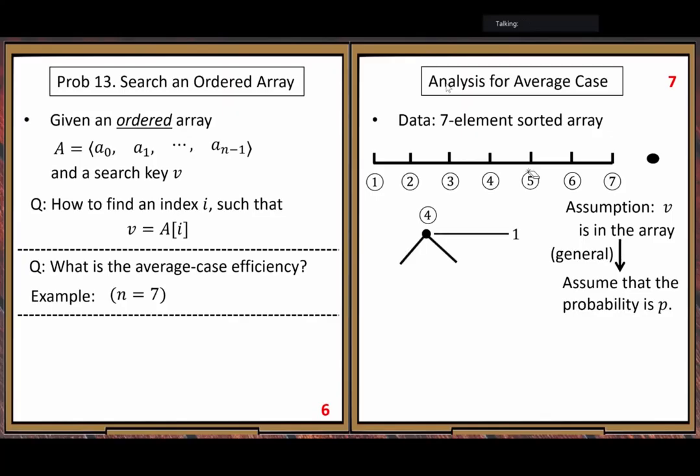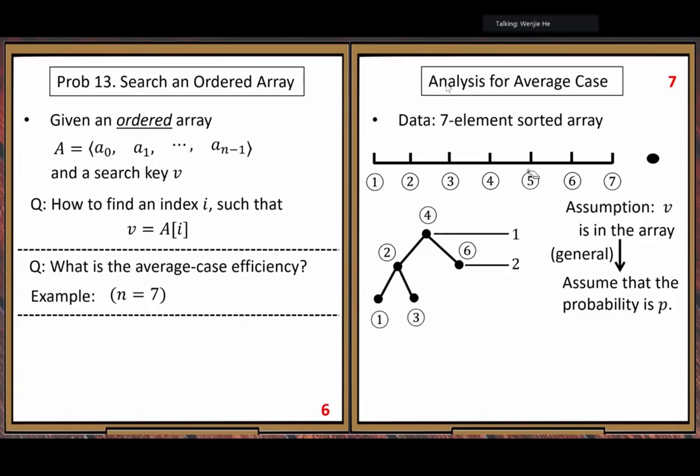Then there are 2 branches of this binary tree, a left branch and a right branch. For the left branch, our second comparison, based on the binary search, compares V with node number 2. Similarly, for the right branch, we compare it with node number 6. That's the second level, so we need 2 comparisons.